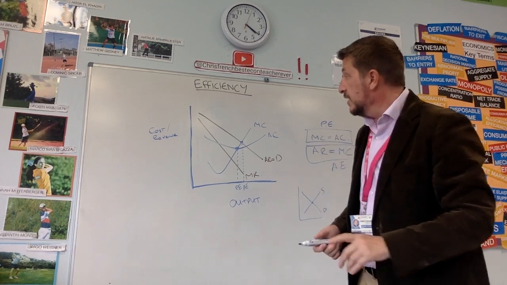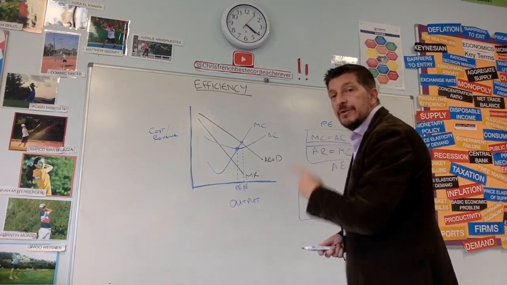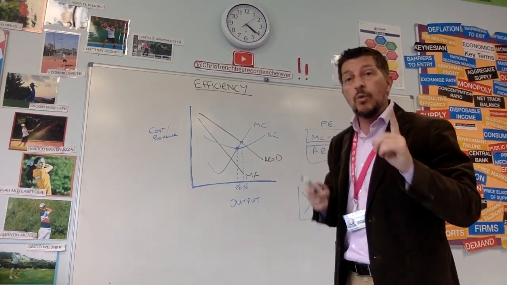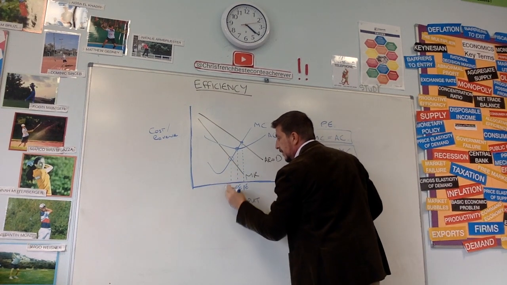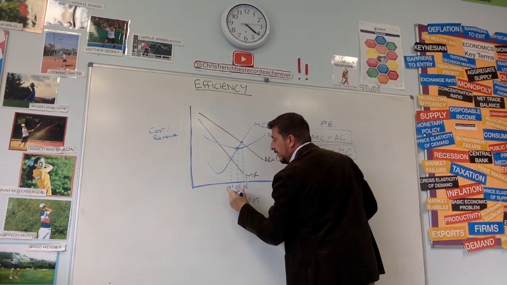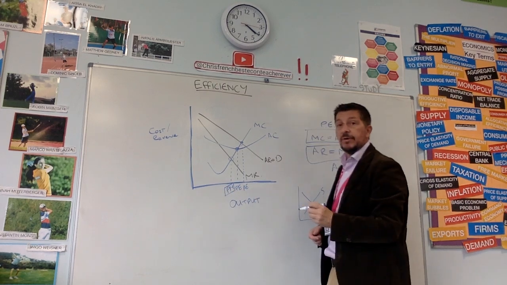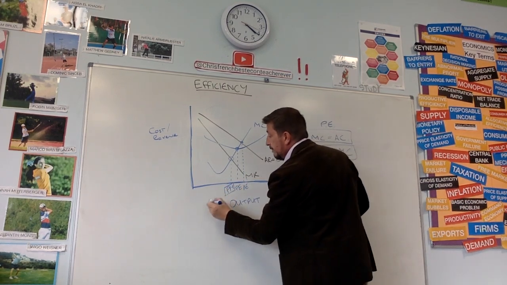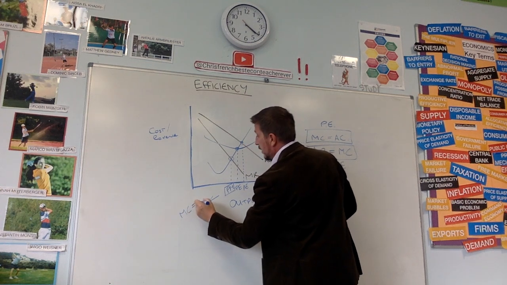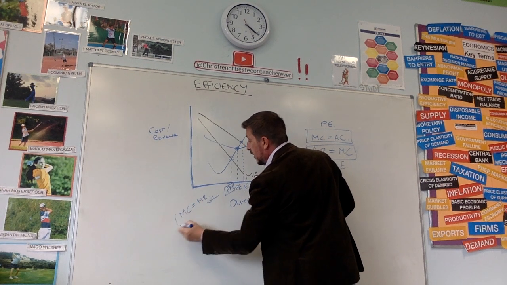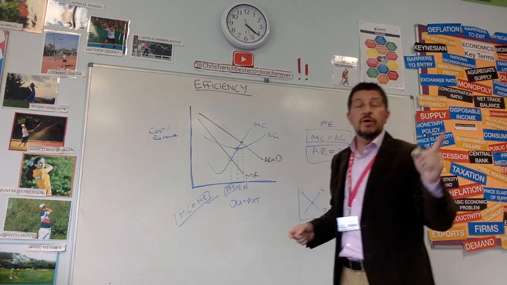And the reason for that is because if this firm had the option, they would always choose to operate here. The profit maximizing level of output, where our MC equals our marginal revenue. They would choose to profit maximize.